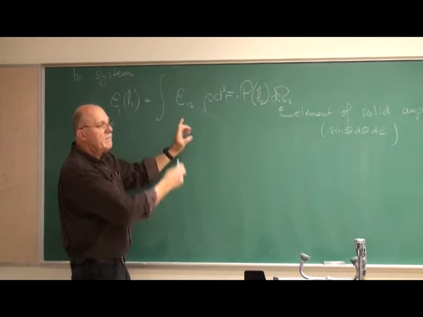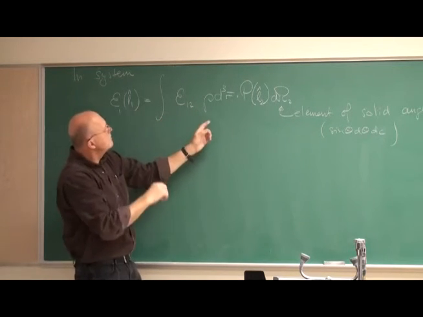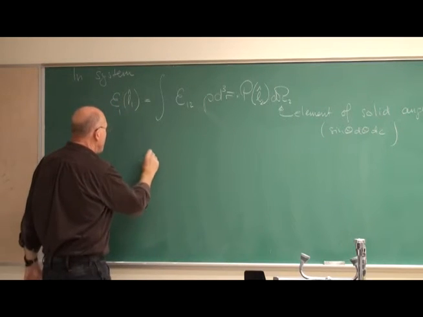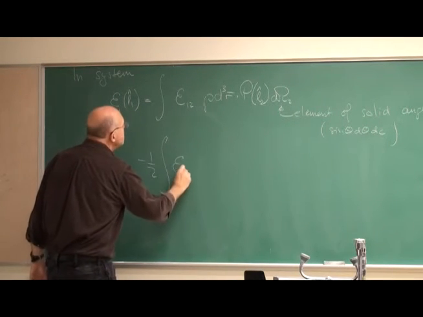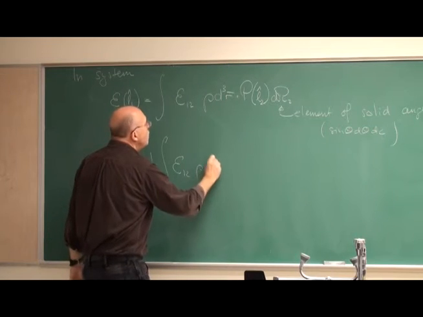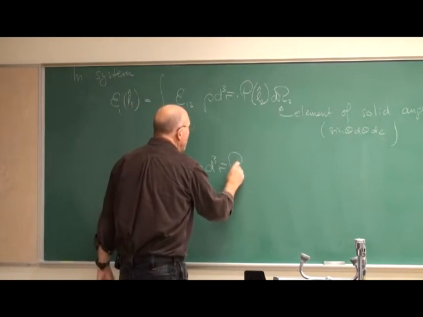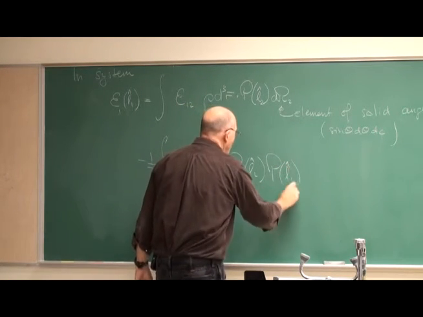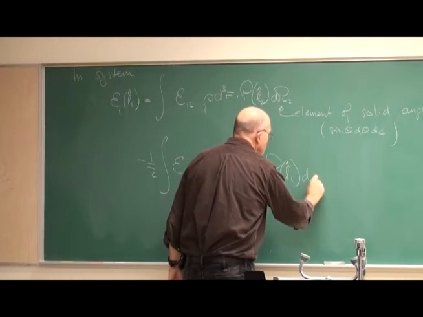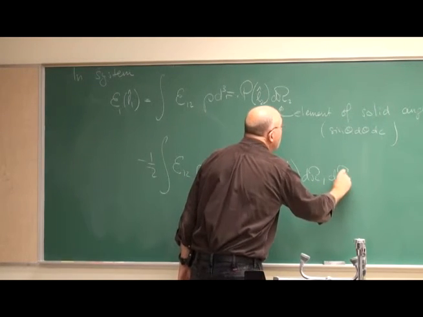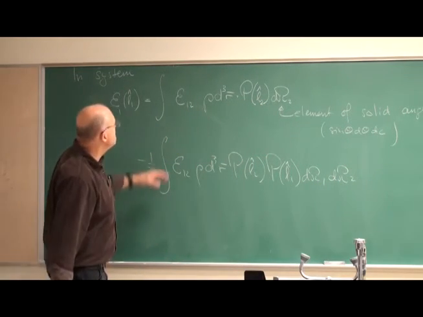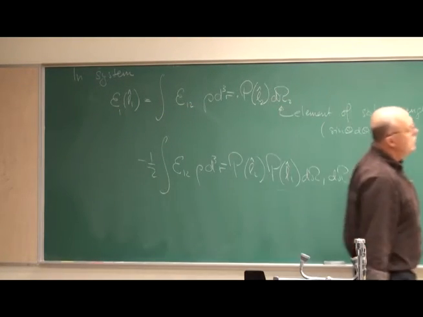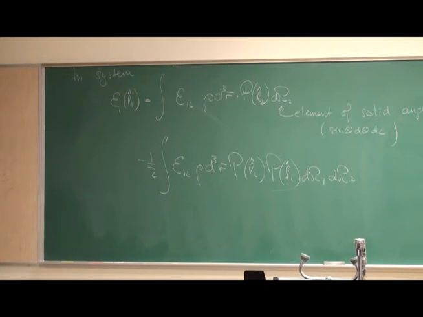In this energy, we have particle 1 and particle 2, so we integrate over particle 2. And then when we subtract the average, we have minus 1/2, exactly the same thing, rho d cubed r, but now we average over the orientation of particle 1 as well. So it's the same as this, except we average over the orientation of particle 1, so we end up just with a number.